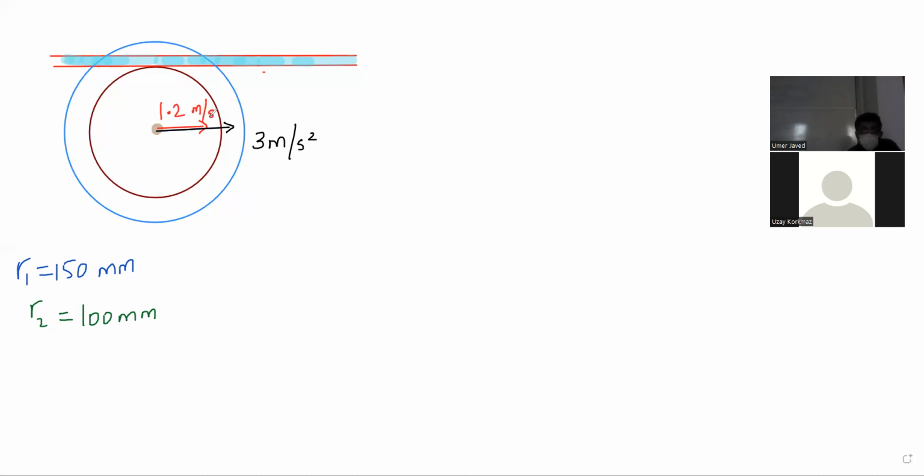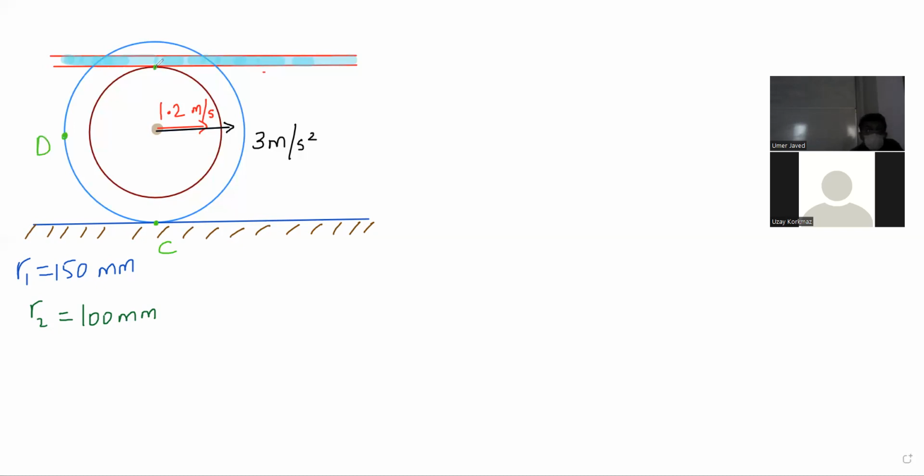Okay, and now I have a ground. It is point C. This is point D. This point, what was this point?